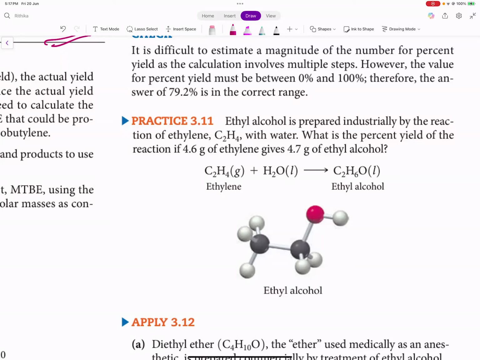So ethyl alcohol is the product, and 4.6 gram of ethylene is given. From this, we can calculate the moles of ethylene, and from there the moles of ethyl alcohol, and then the theoretical yield for ethyl alcohol, right? And I am also given the actual yield, how many grams I got in the lab. That is 4.7. Shabash, very good.